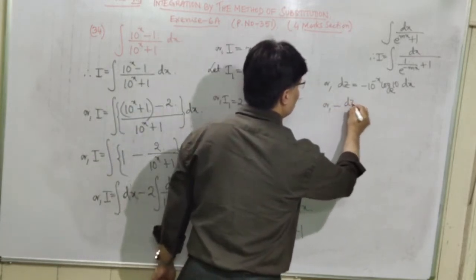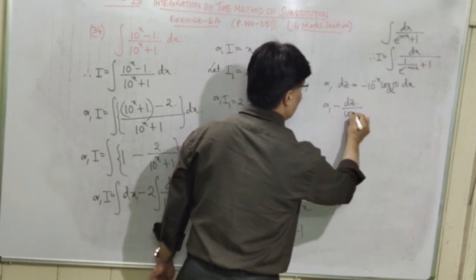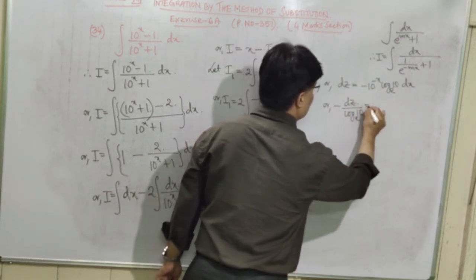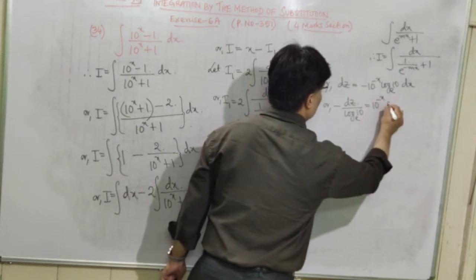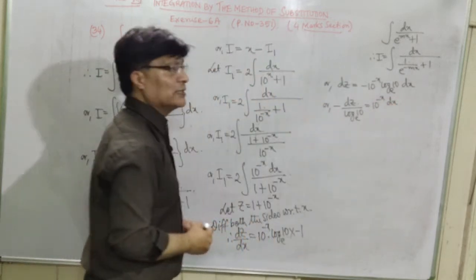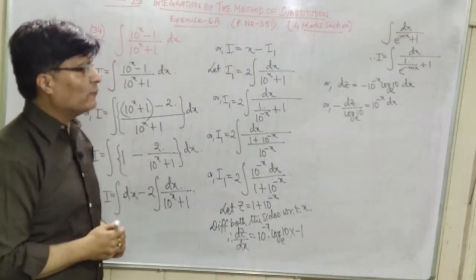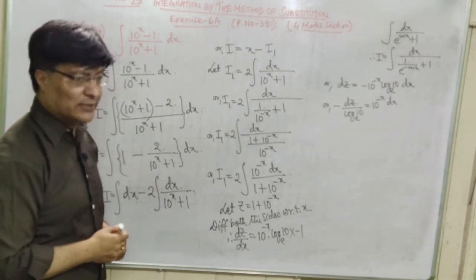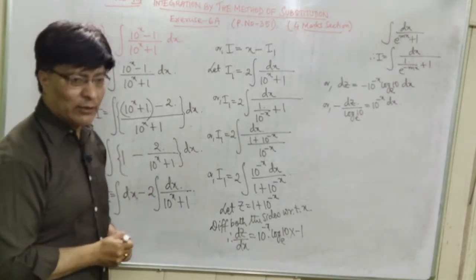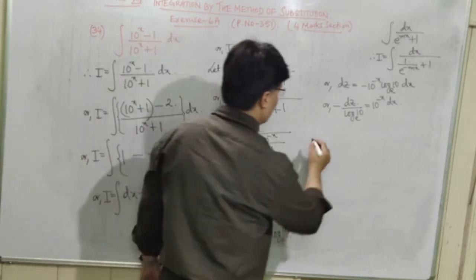So it will be minus dz divided by log 10 base e is equal to 10 to the power minus x dx. So we have got the value for 10 to the power minus x dx, which is equal to minus dz by log 10 base e. Let us put it out here.